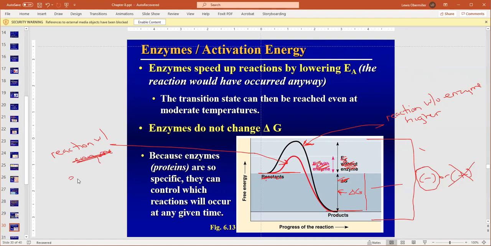Reaction with an enzyme, because this is lower. And I might ask you, what's this arrow represent? Well, that's the difference. That's the activation energy, the EA, energy of activation, with the enzyme. And what does this arrow represent? This is the EA without the enzyme.